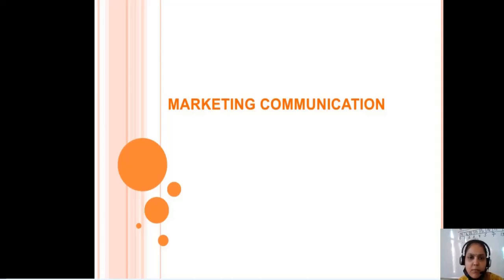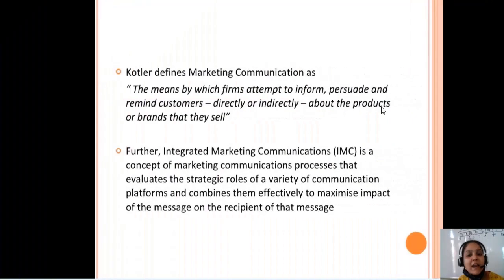Marketing communication was well defined by Kotler. He defines it as an attempt to inform, persuade, and remind customers directly or indirectly about the product or the brand.